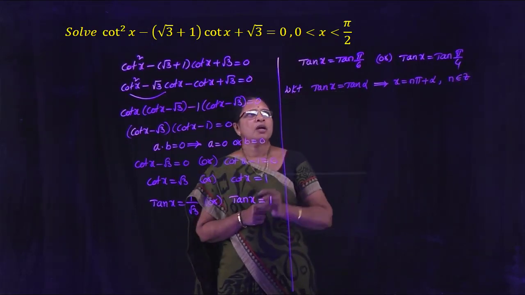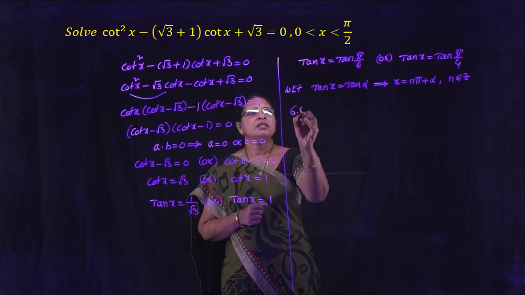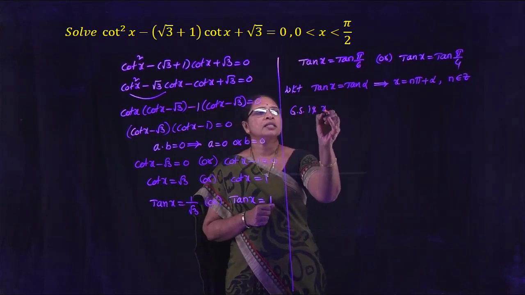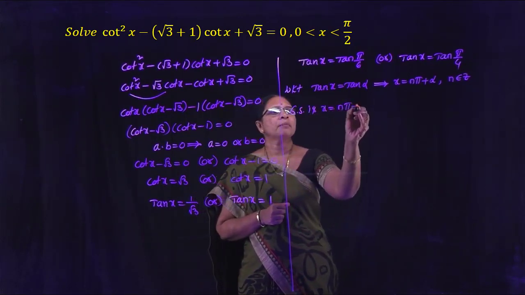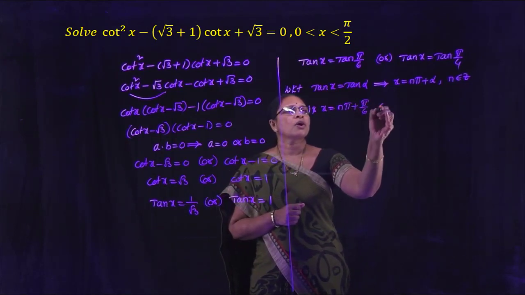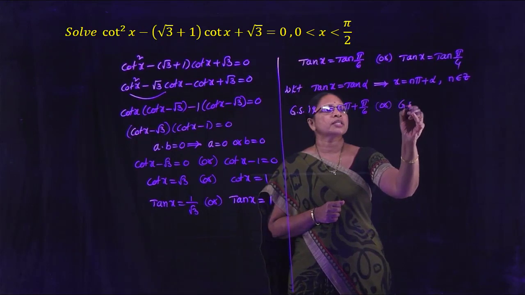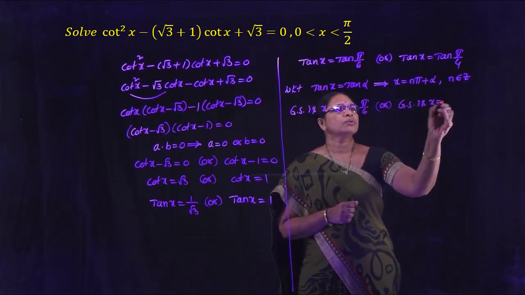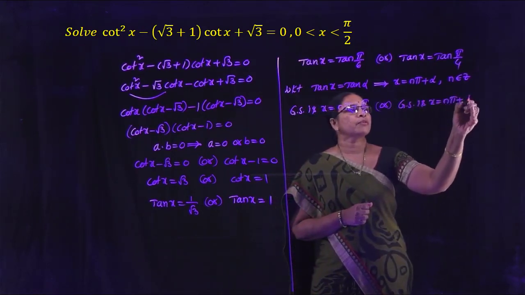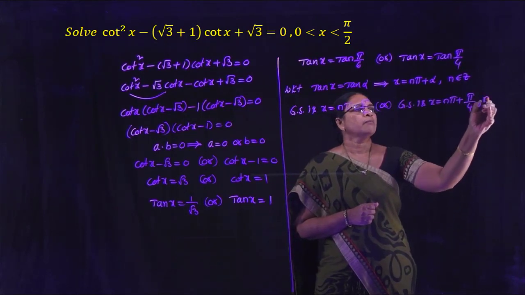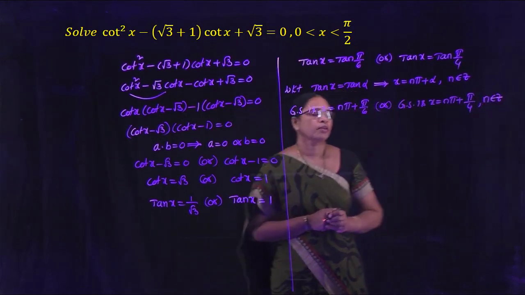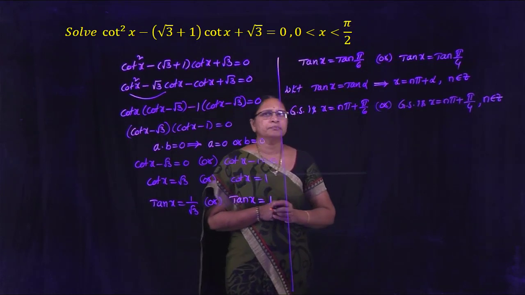Apply this formula, we get general solution is x is equal to n pi plus pi by 6, or in second case general solution is x is equal to n pi plus pi by 4 for all n belongs to z.